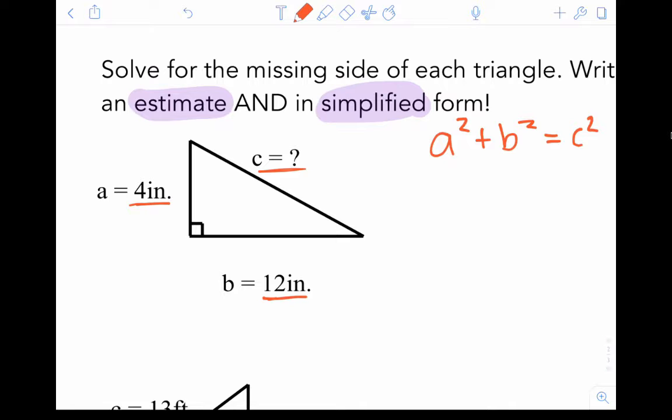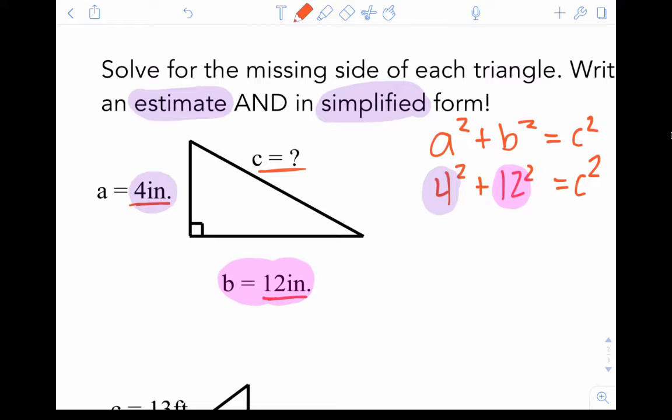A is 4 and B is 12. I just substituted those in for A and B. I need to figure out what C is. Since I don't know it, I'm just going to leave it as C in this equation.